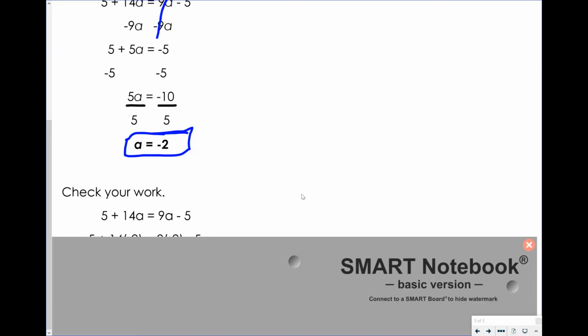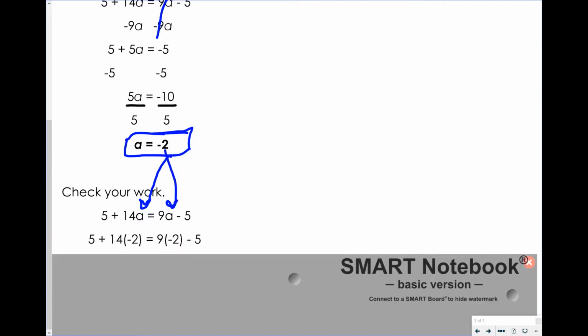Now, wherever I see an A, I'm going to plug in the negative 2. So it's going to be like this. 5 plus 14 times negative 2 equals 9 times negative 2 minus 5.